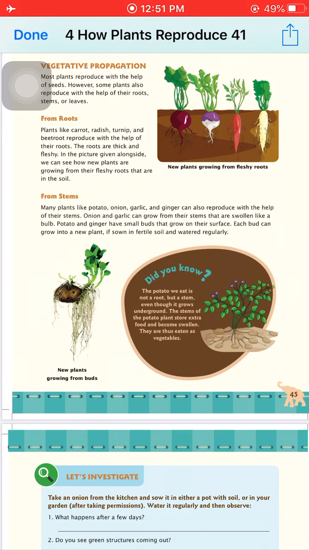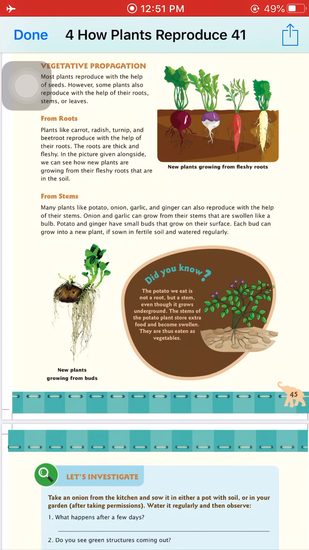Here, the one potato carrying a bud acts as the stem of a plant. Many plants like potato, onion, garlic and ginger can also reproduce with the help of their stems.